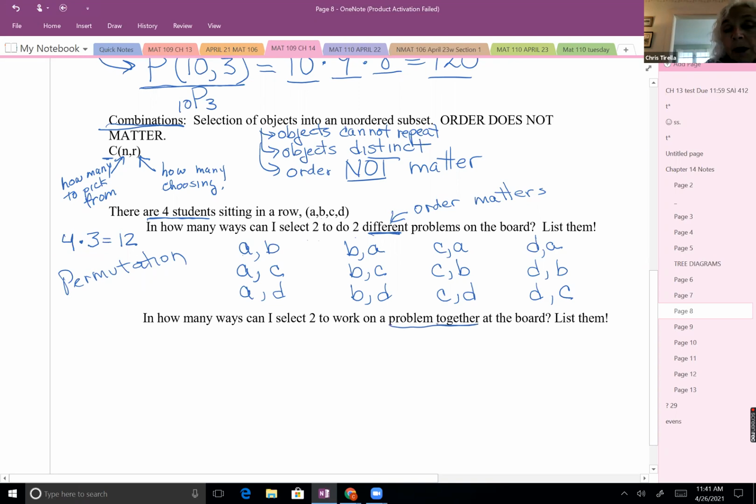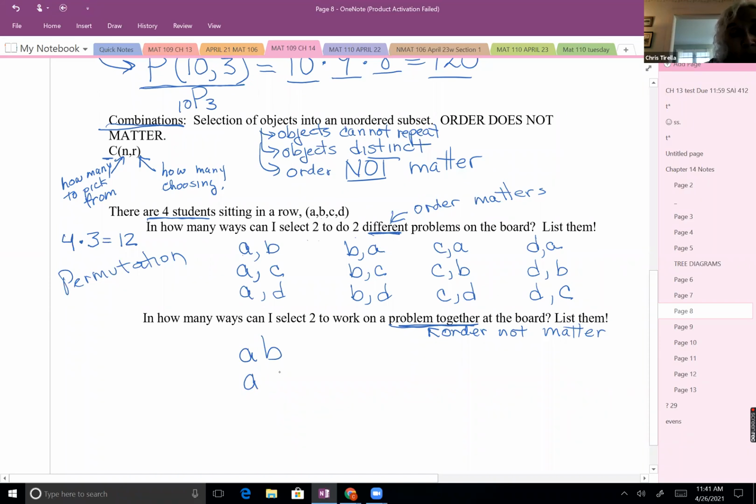Instead, if they're working together, well, if I work with you, that's no different than you working with me. So if they're working together, order does not matter. So if A works with B, then B with A is not a separate choice.